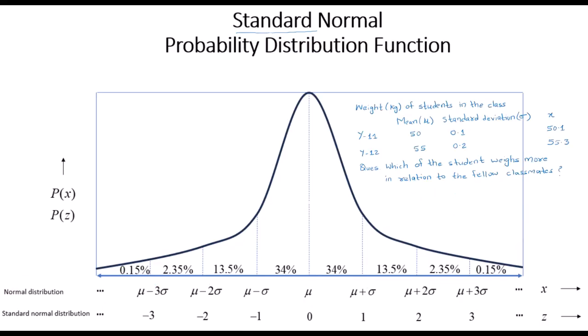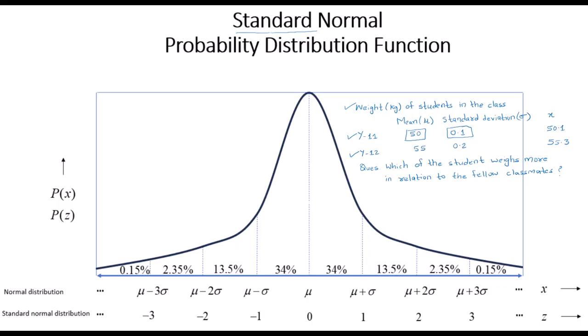Now, as I mentioned, coming to the specific scenario where we may be required to study the standard normal PDF, let's take the scenario wherein we have two data sets containing the weight in kg of students in the class. Data set 1 is students of year 11, and data set 2 is students of year 12. It is given that the mean of year 11 students is 50 kg and the standard deviation is 0.1 kg.